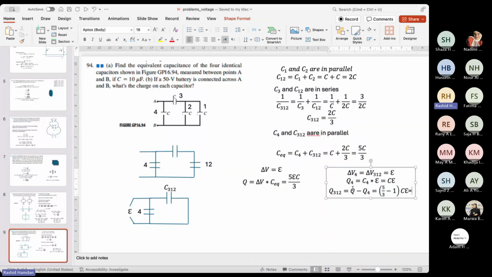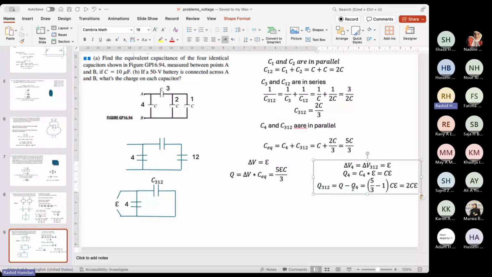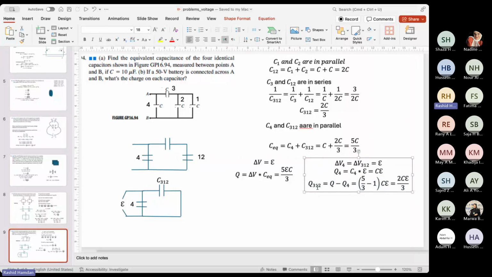Well, 5/3 minus 1 is 2/3, right? We go back to the 1 over there. So it's 2CE over 3. So that's the charge on Q312.